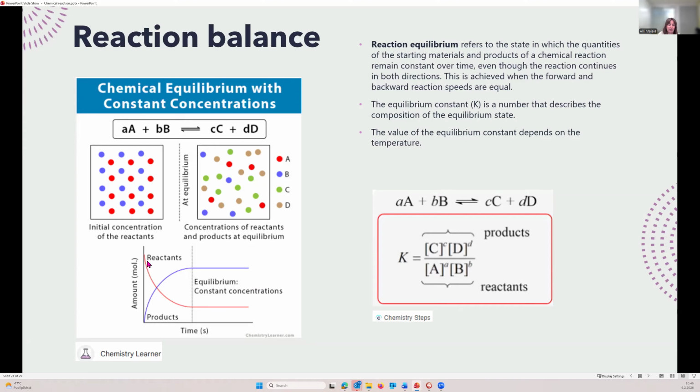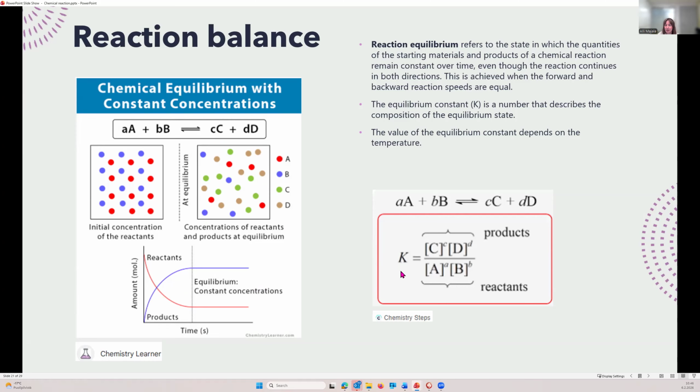So at first you have the reactants, which start to form the products with time. And at equilibrium, you have less of the reactants, of course, and more of the products, but then everything is there anyway.